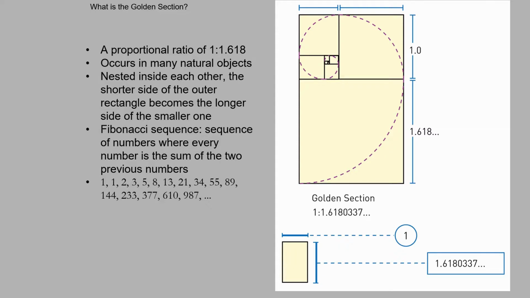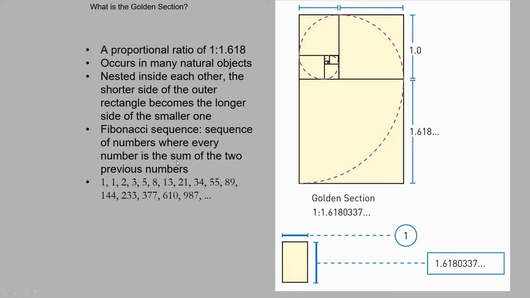Okay, so it's basically this specific rectangle nested within itself. And if you trace the corners of the rectangle, it forms a spiral. And so both the rectangle itself and the spiral were used all throughout Greek art.